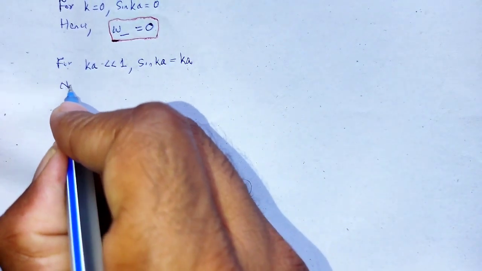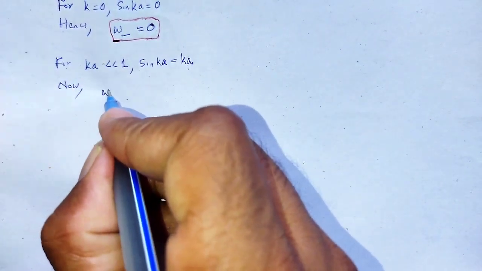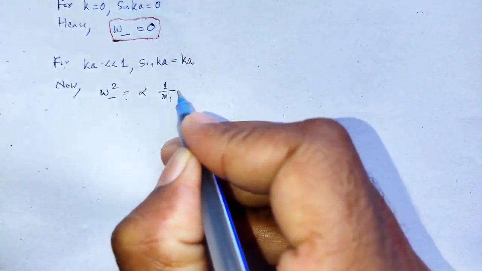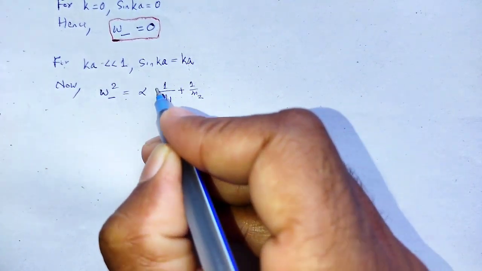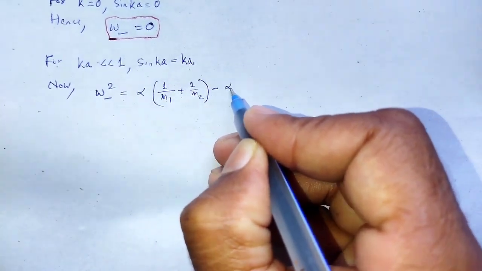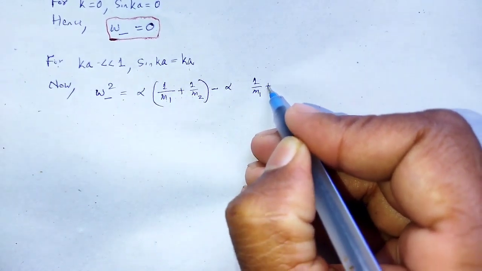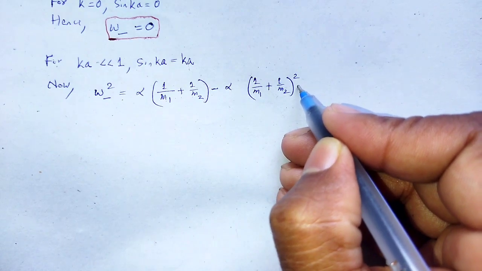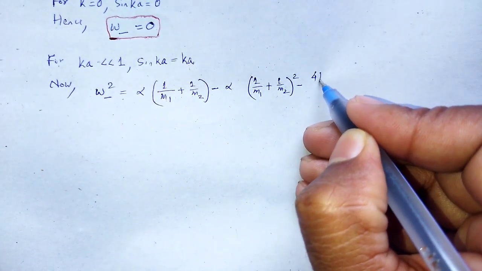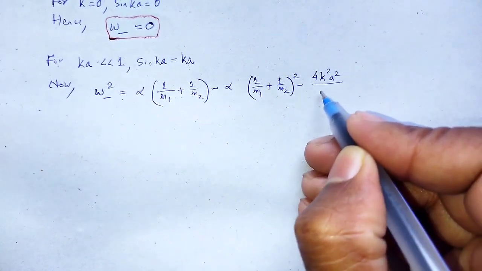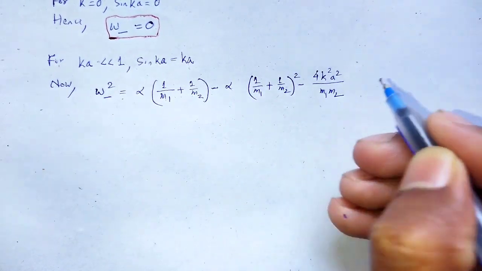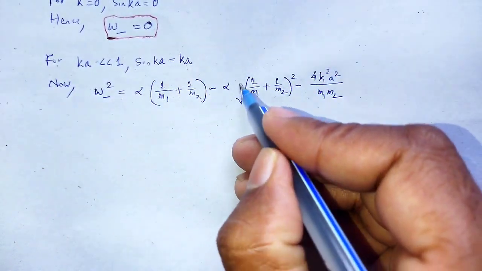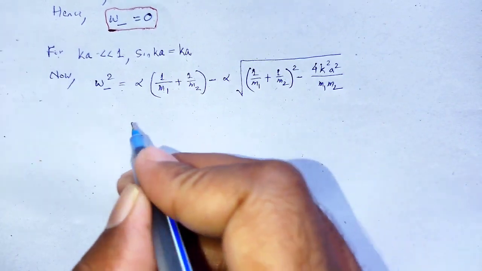Now omega minus square is equal to alpha (1 by m1 plus 1 by m2) minus alpha times the square root of (1 by m1 plus 1 by m2) whole square minus 4 k square a square divided by m1 m2. Here in place of sin Ka we replace Ka.